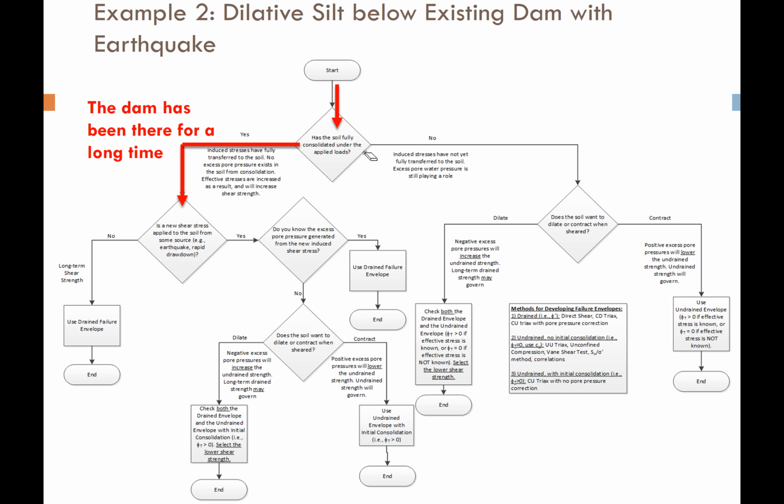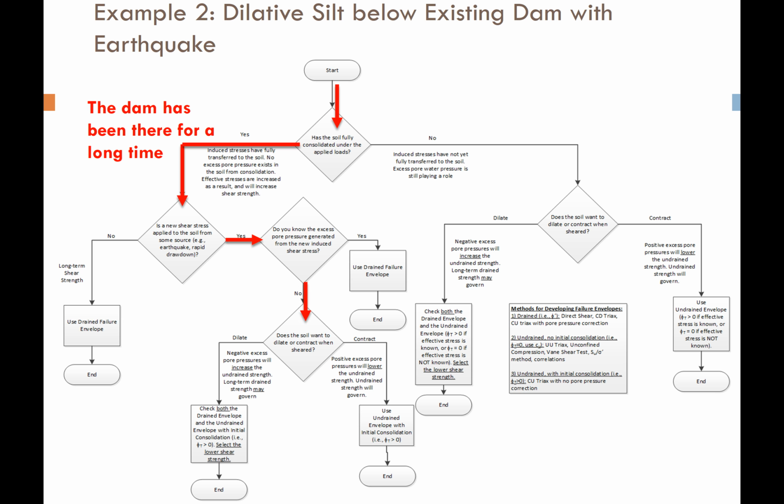Therefore, the answer is yes. There is a new shear stress being introduced into the soil. So the next question, do we know the excess pore pressure that's generated from this new induced shear stress? And the answer is no. I have no idea what the pore pressures are going to be in that silt from the earthquake.